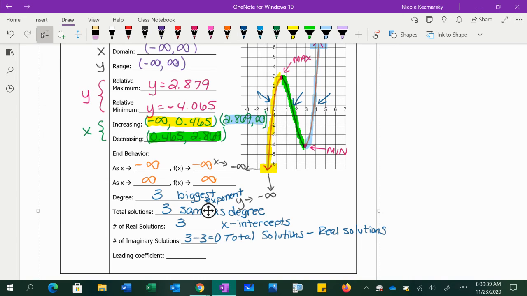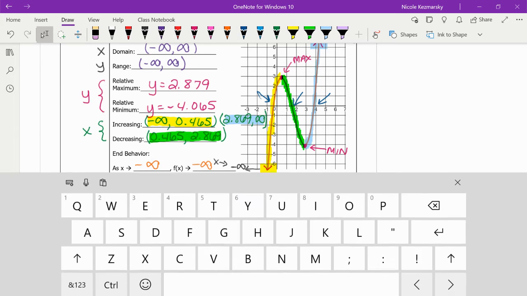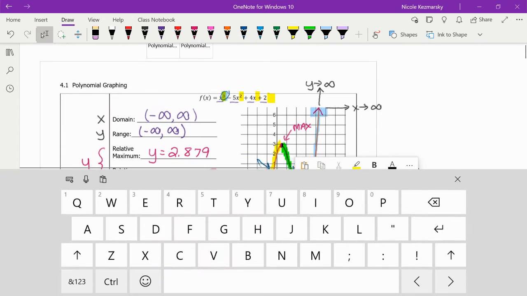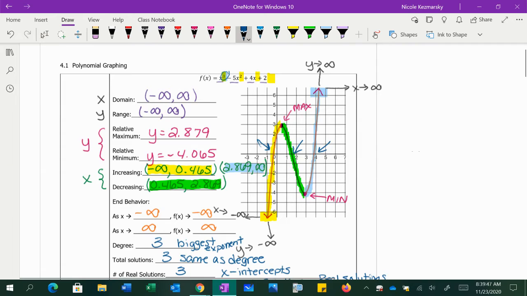Last but not least is the leading coefficient. To find the leading coefficient, I'm going to go back up to where I found the degree. And the degree was 3. So here it is right here. So there's the degree. I'm going to look in front of the x that's attached to the degree.